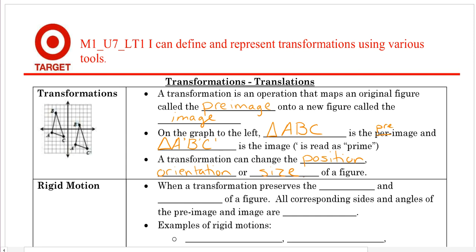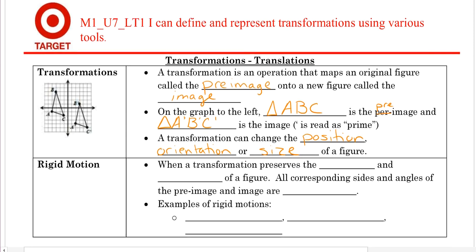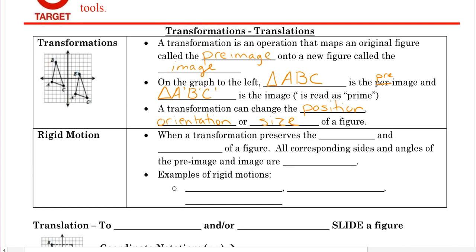So for the next couple of days, we're really going to be focusing on rigid motions. When we perform a transformation that preserves the size and shape of a figure, that's a rigid motion.